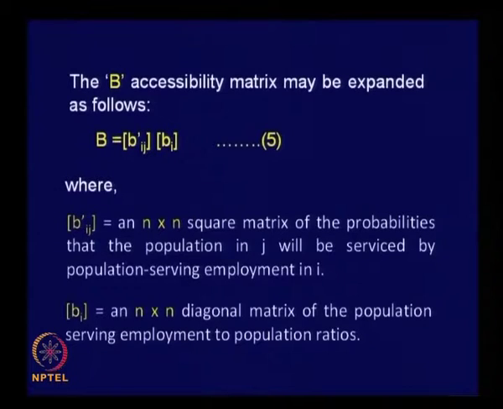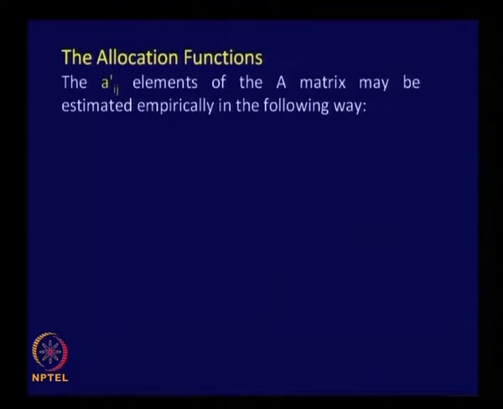And Bi is again an n by n diagonal matrix of the population serving employment to population ratios. As we saw in the previous case, it is an n by n diagonal matrix of the population serving employment to population ratios. Then the allocation functions.